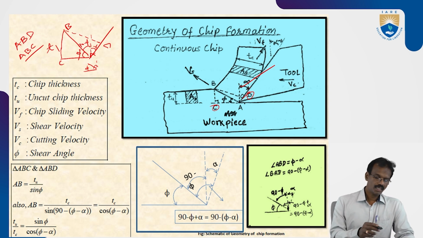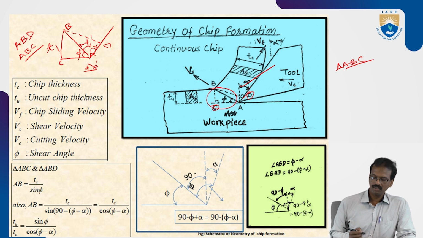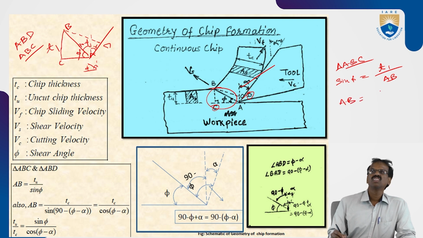By using the first triangle, ABC, we can take the relationship: sine phi is equal to the opposite side, thickness T1, by the hypotenuse AB. Then AB is equal to T1 by sine phi. So this is equation one.